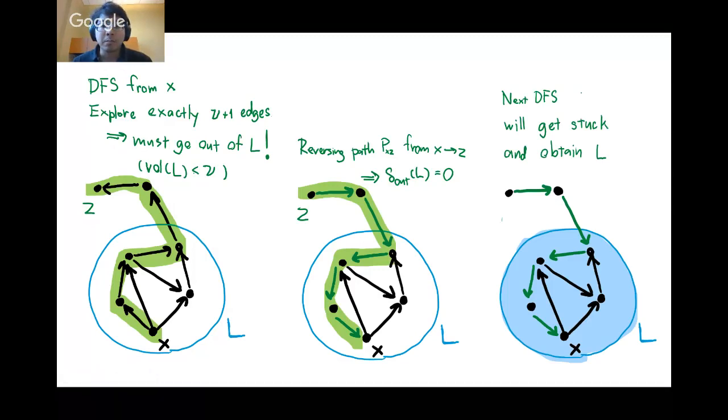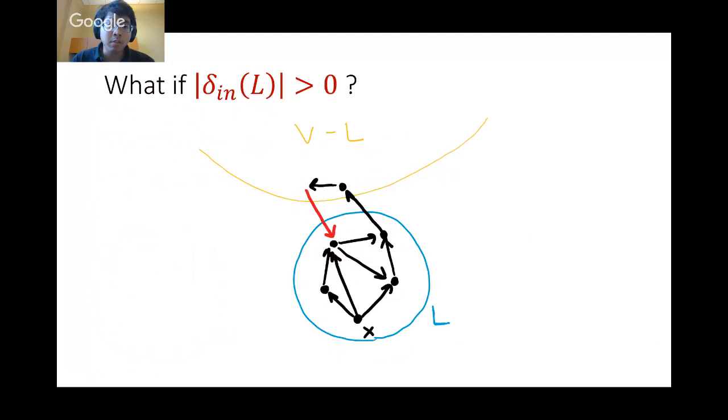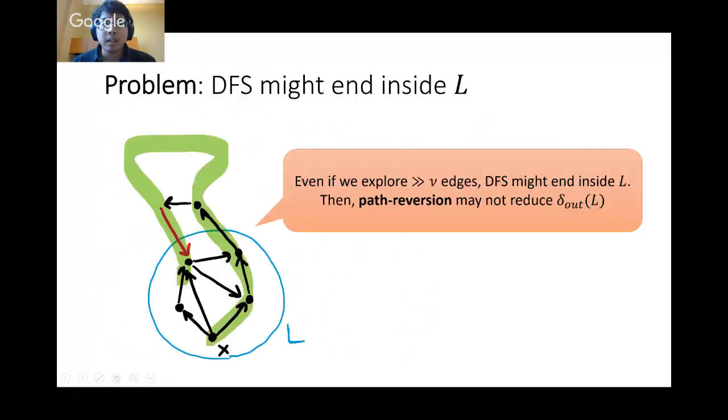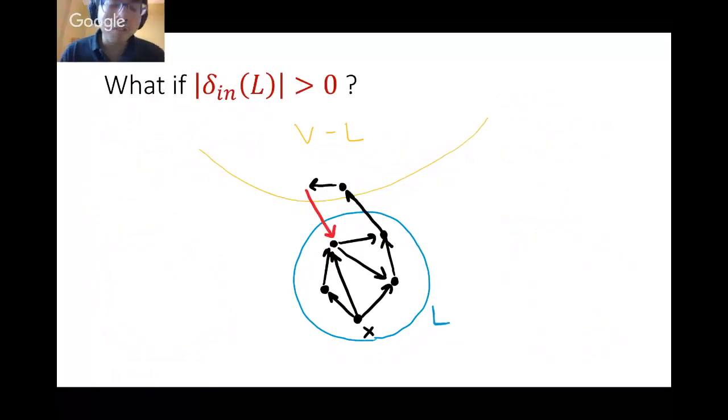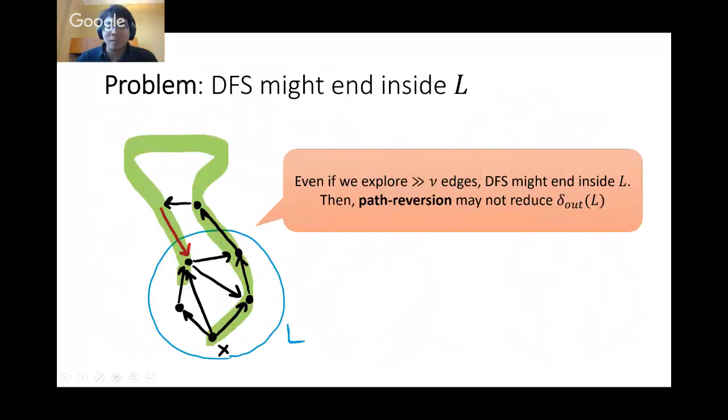This is in the simple case. But what if there is some edge that can go into L? By the way, I would like to mention that this observation was already observed in the work by Chechik et al. Now, what if there is some edge going into L? Then it is not as simple as before.